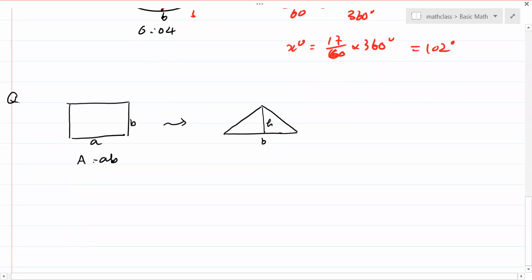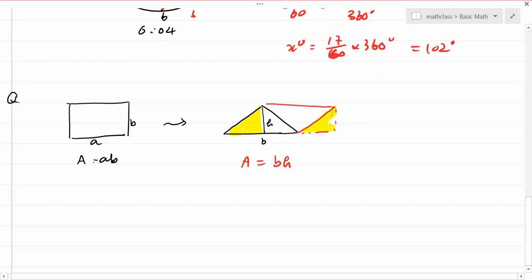So how do we get this formula? Here's the idea. You duplicate the triangle, then you get this, the parallelogram. For the parallelogram, the area equals B times H. The reason is you can make a rectangle, and this portion is moved to here.